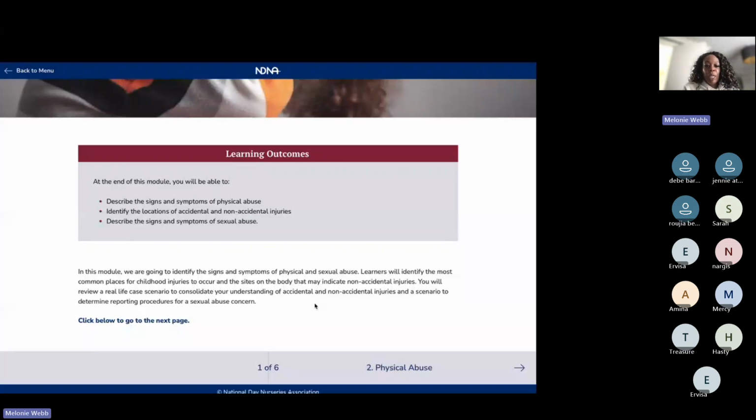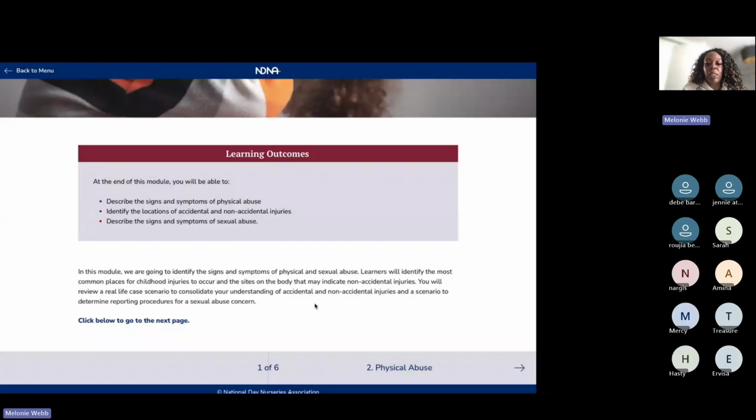We're going to look at some of the signs and symptoms of physical and sexual abuse and you'll be able to identify the most common places for childhood injuries to occur and sites on the body that may indicate non-accidental injuries. You review a real-life case scenario to consolidate your understanding of accidental and non-accidental injuries, and a scenario to determine reporting procedures for a sexual abuse concern.